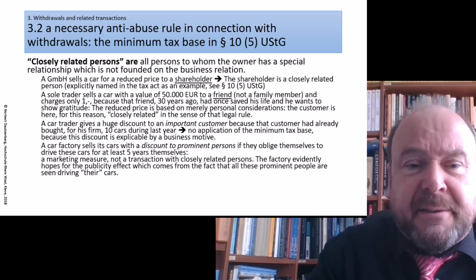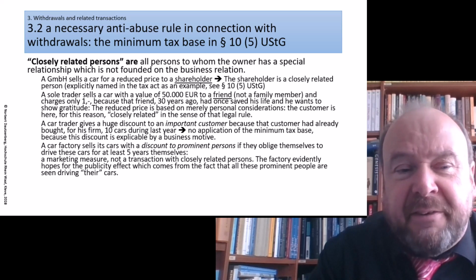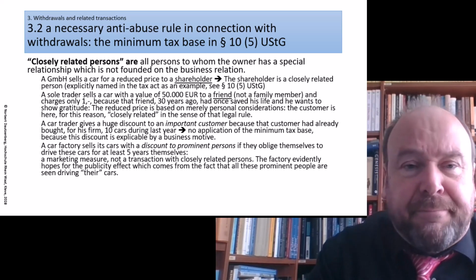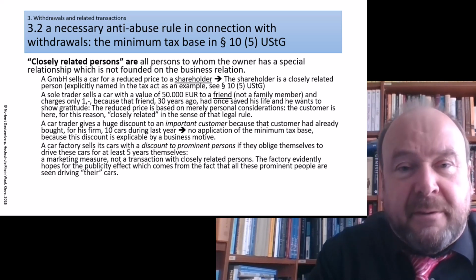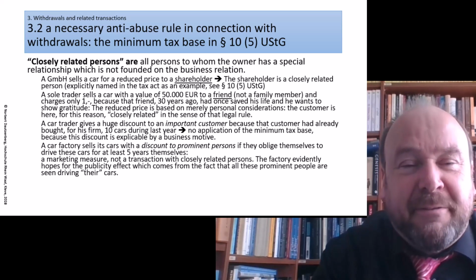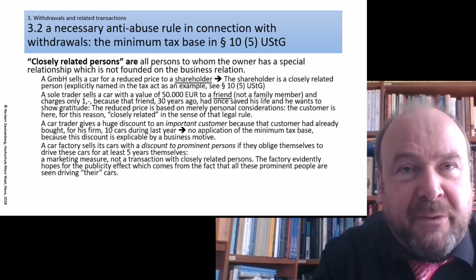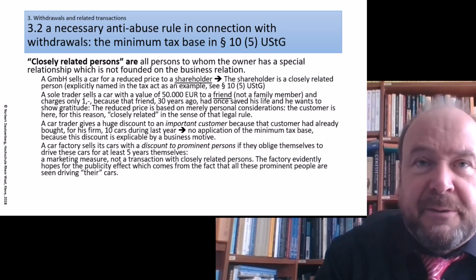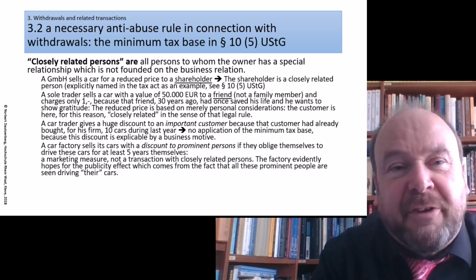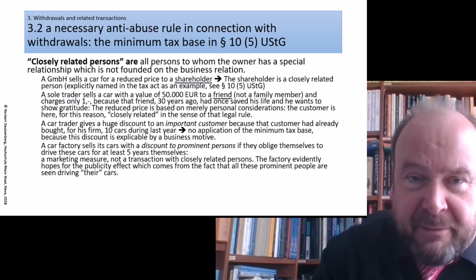Okay. What's a closely related person? All persons to whom the owner has a special relationship which is not founded on business. A nice general description, not very easy, however, comprehensive. So, with whom do you have a close personal relation? If you are a GmbH, then definitively your shareholders have a special relationship to you.